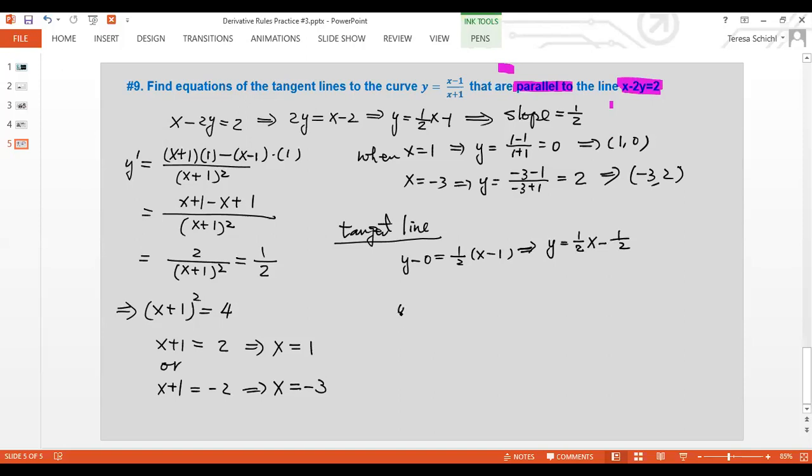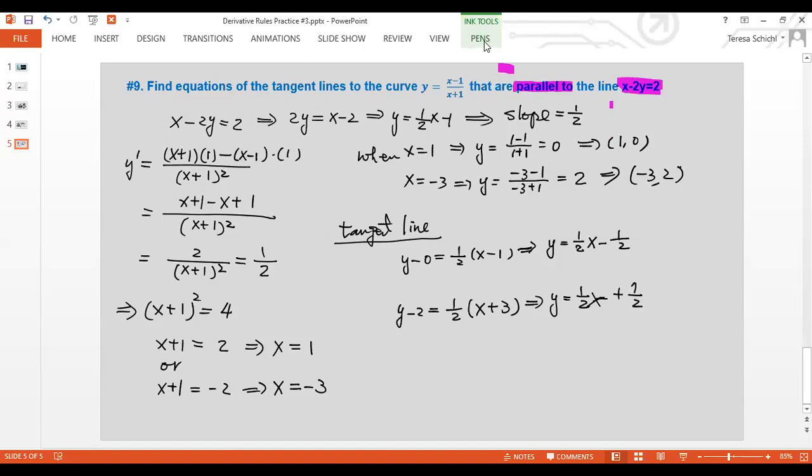Then the second one is y minus 2 is equal to 1/2 times x minus negative 3, so it's x plus 3, right? So this one will give me y equal to 1/2 of x, plus 2 plus 3 over 2, so this is plus 7 over 2.